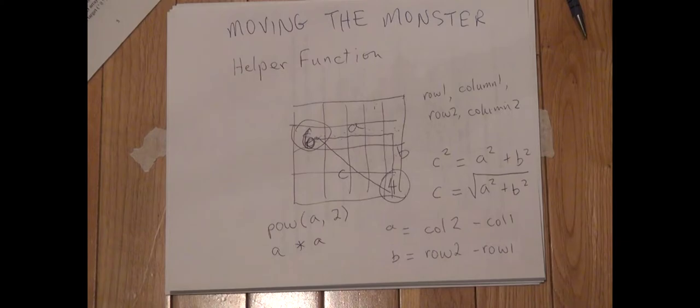If we have any kind of location, like the monster start, say that was our 6, we're just going to write a function that, given a row 1 and a column 1, that location, and a row 2, column 2, say some other location in the array, we just want to determine the distance from one to the other.